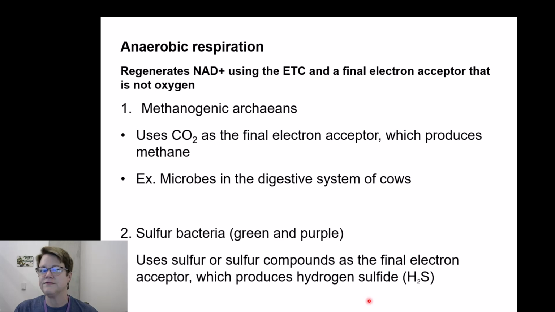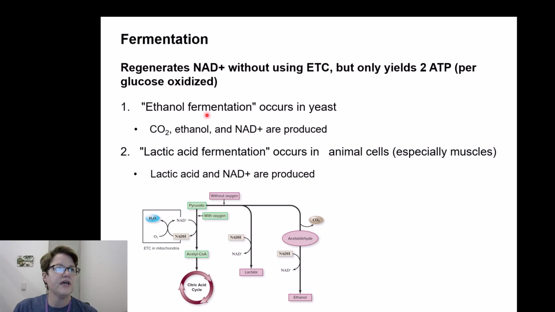So you have these organisms that can use one of these alternative electron acceptors, and anything that fits that description would be called anaerobic respiration. Another type of respiration that I mentioned earlier in one of the lecture segments is fermentation. Fermentation also regenerates NAD+, but it does so without using an electron transport chain.